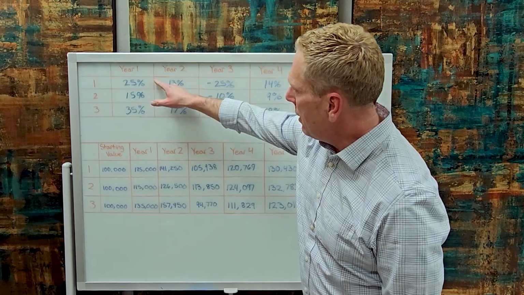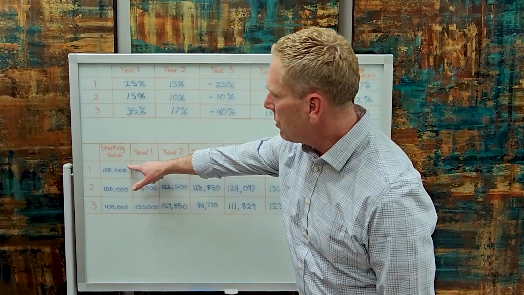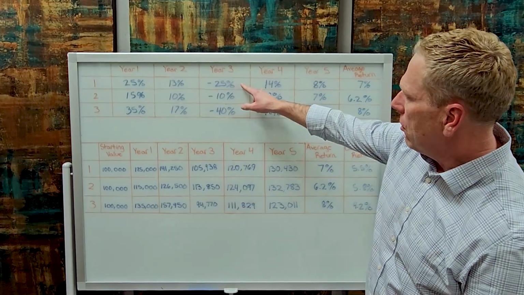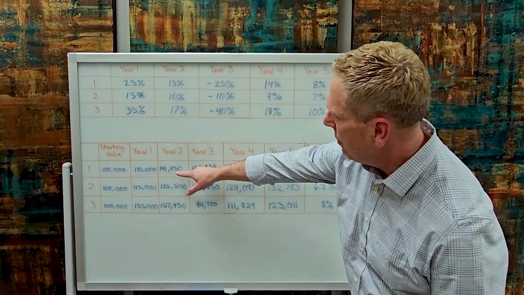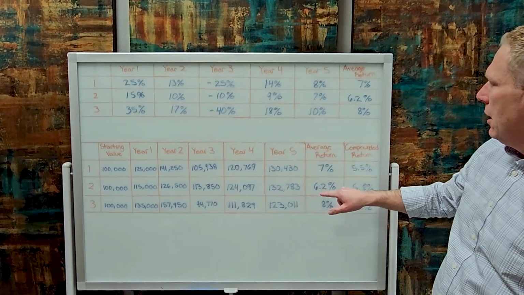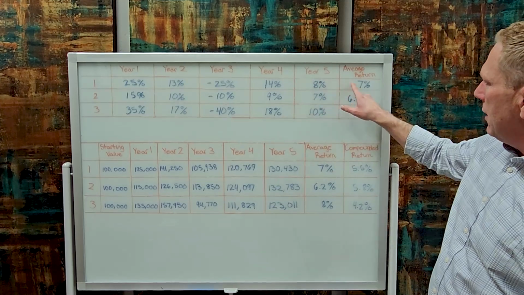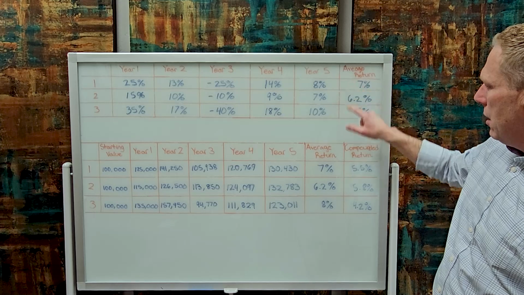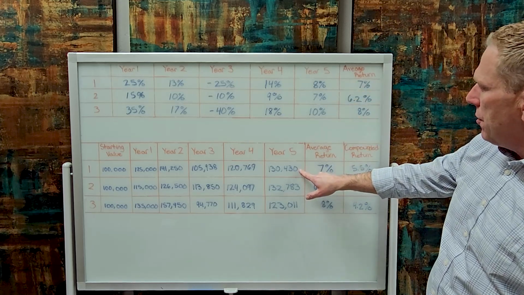Scenario 1 is up here. So in scenario 1, we start with $100,000. Year 3, the market goes down 25%, so our investment drops that year. Year 4, year 5.